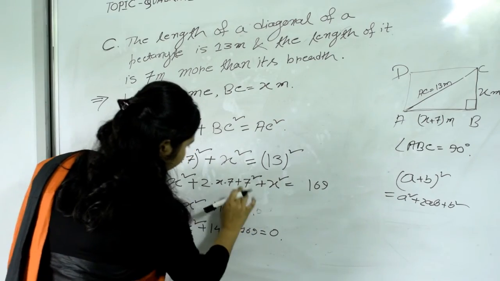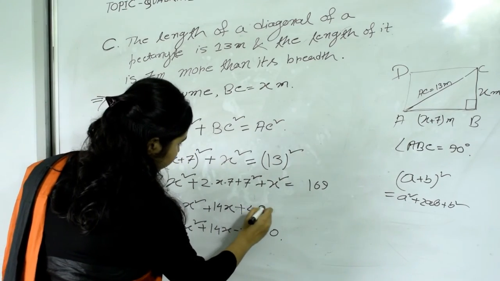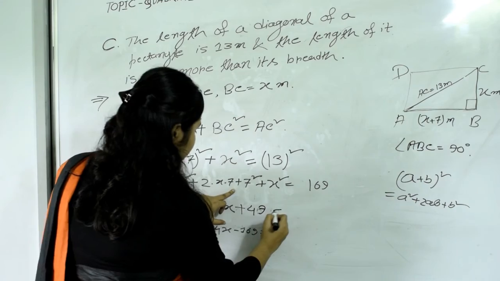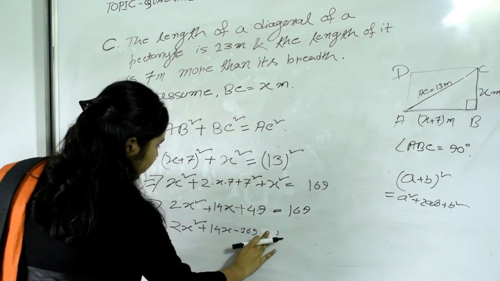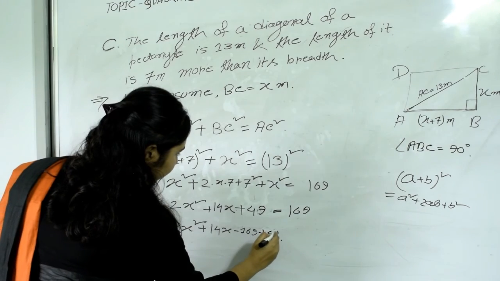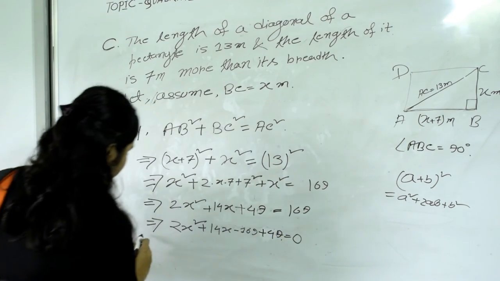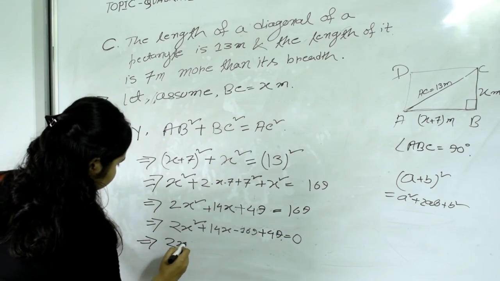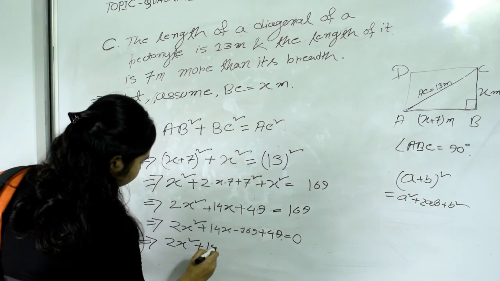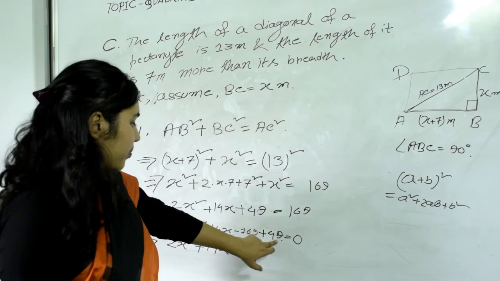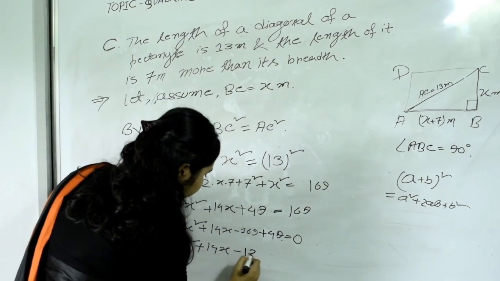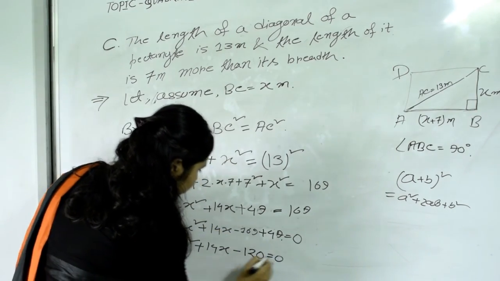Here we have 7 square, that means plus 49, equals to 169, which means plus 49 is equal to 0. Next step, 2x square plus 14x minus 169 plus 49, which means minus 120, is equal to 0.